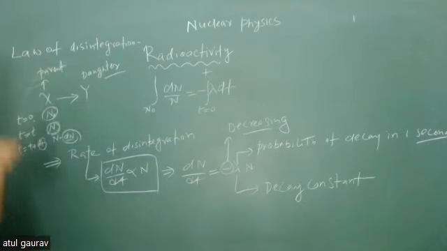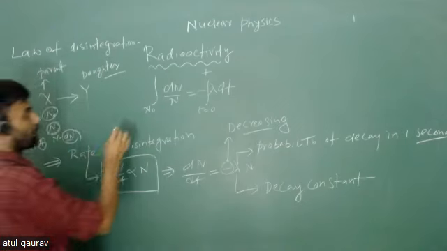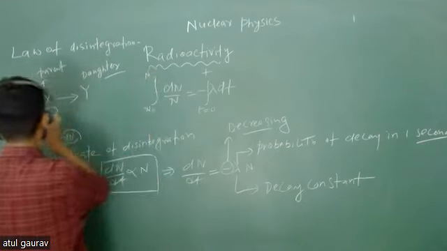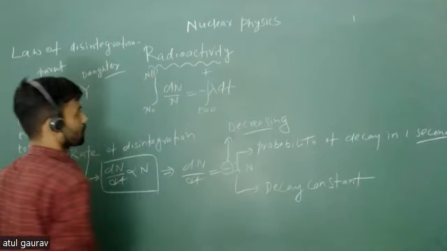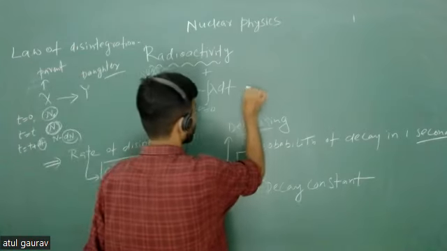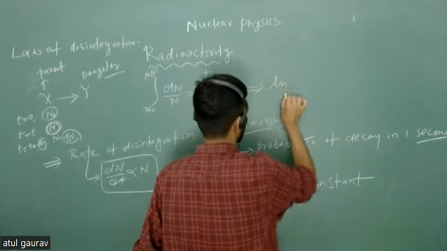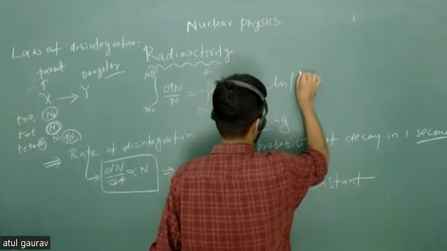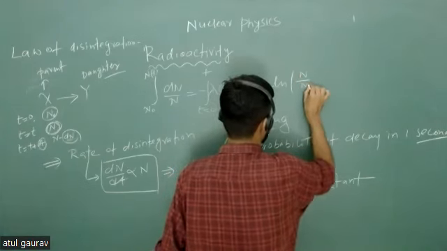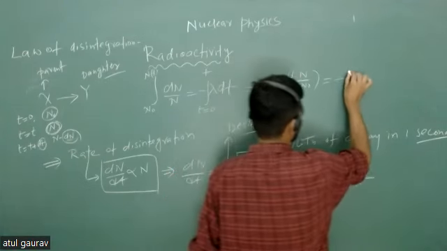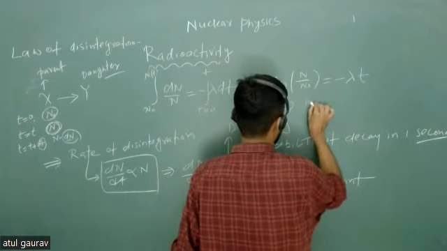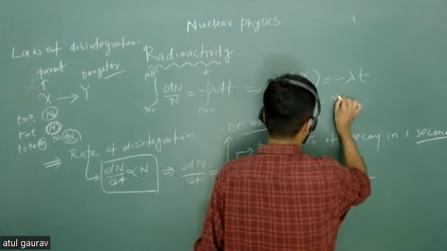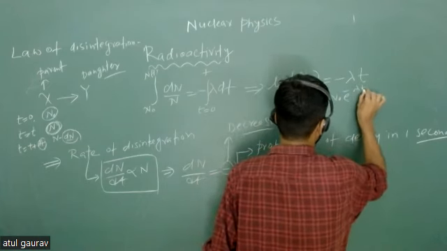At time t equals t, we have written that N as a function of time. If you solve this, the left hand side will be natural log of N by N naught equals minus lambda t. So it means N equals N naught exponential minus lambda t.